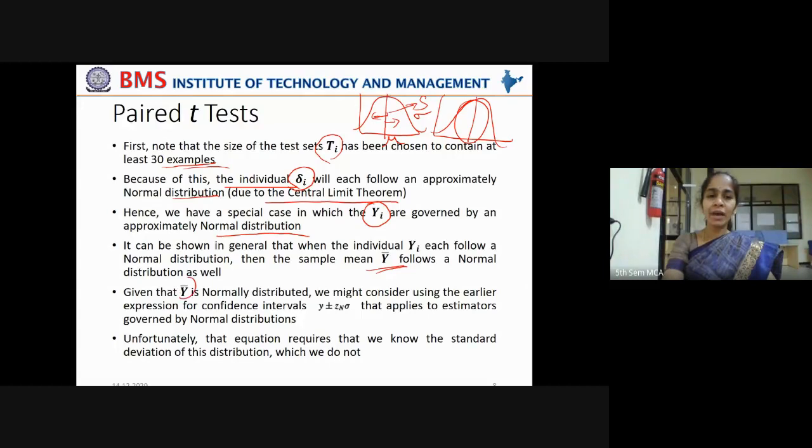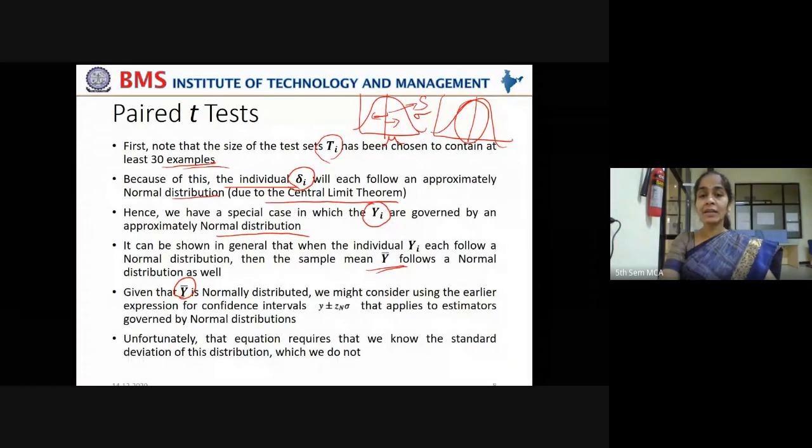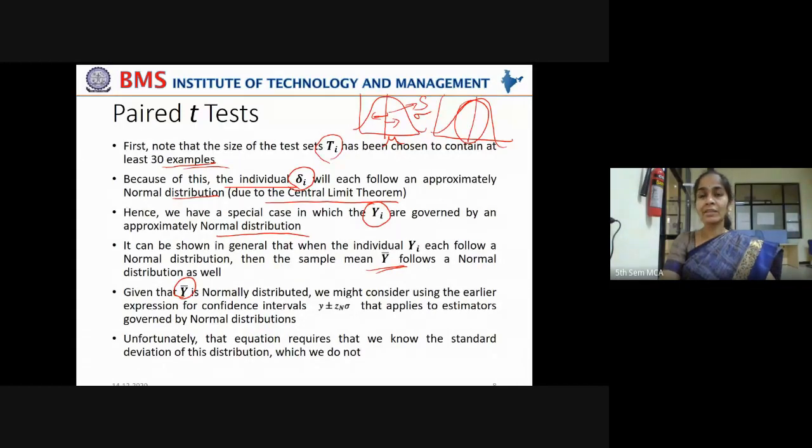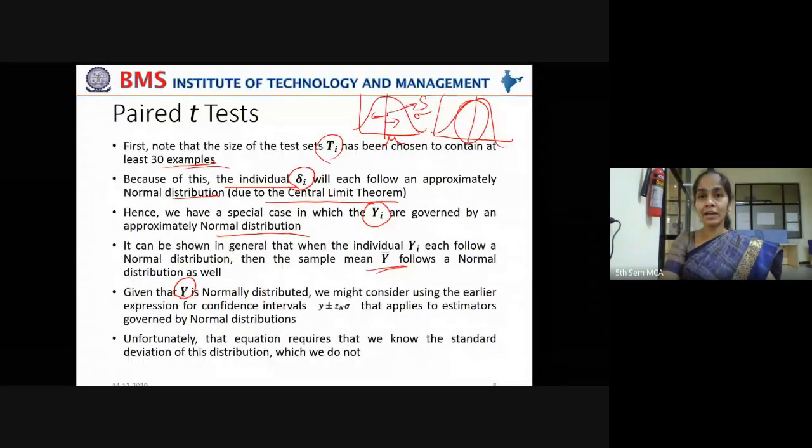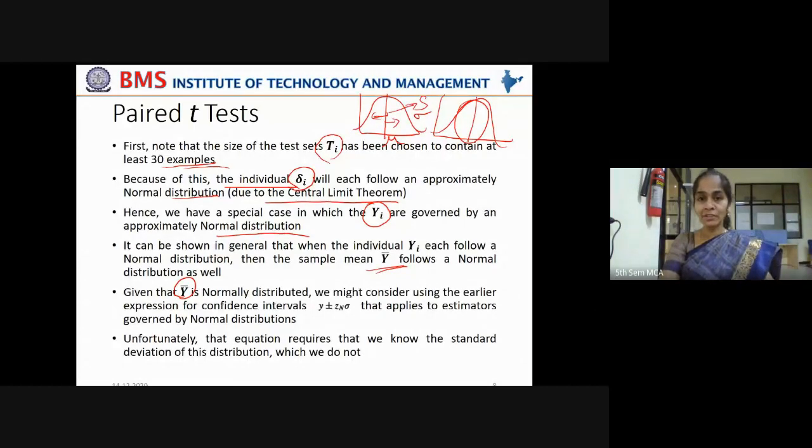Now, given that y bar is normally distributed, we might consider using the earlier expressions for the confidence interval. We understood that this y bar, the mean of the difference in the errors of the learning algorithms, follows a normal distribution.